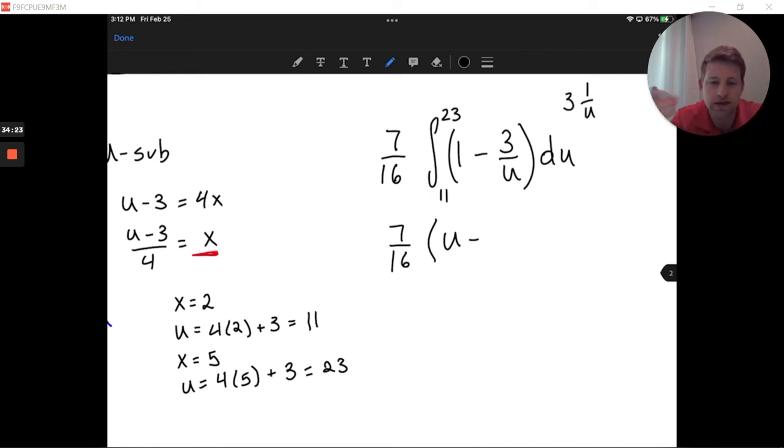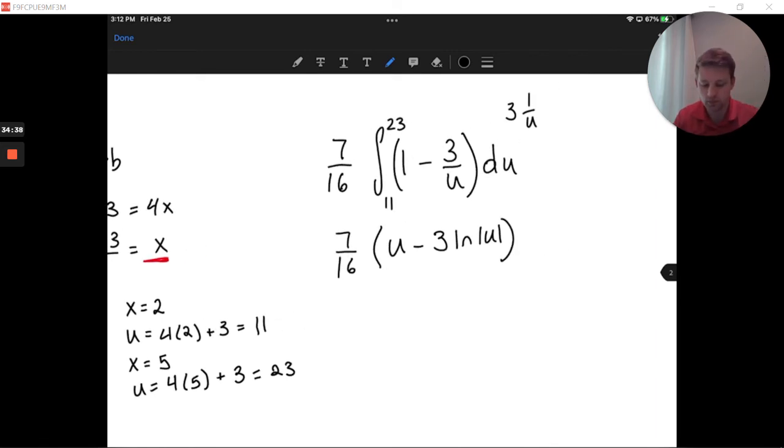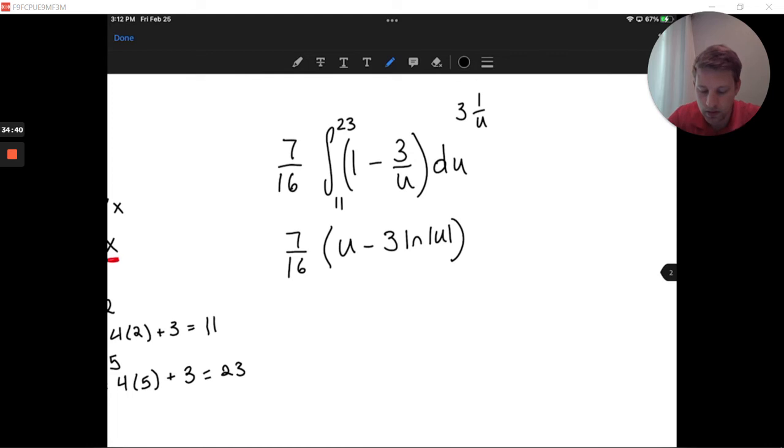And 1 over u, its antiderivative, is the natural log of u. So that's minus 3 times the natural log of the absolute value of u. So this is our antiderivative in terms of u, which is looking pretty good for us.